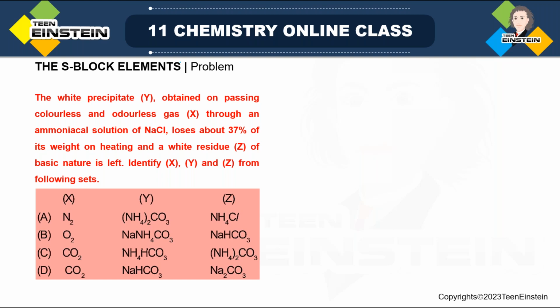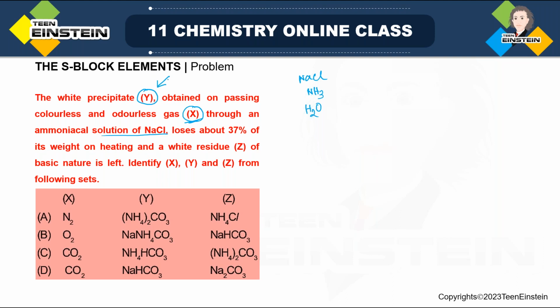The white PPT Y is obtained on passing colorless, odorless gas X through an ammoniacal solution of NaCl. That means NaCl, ammonia, and water are there. So you are treating this colorless, odorless gas with NaCl and ammonia, and you are getting Y.